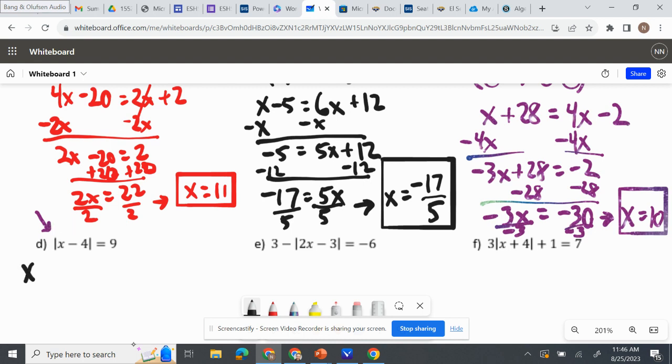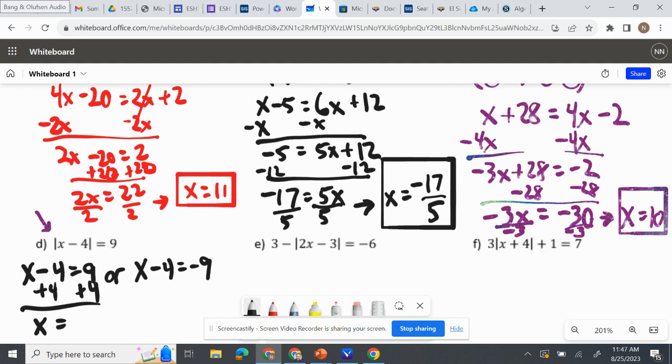Our first equation is x minus 4 equals 9. The second equation is x minus 4 equals -9. So I'm going to add the 4, and that gives me x is equal to 13. I'm going to add the 4 on the other side. -9 plus 4 gives me x equals -5.